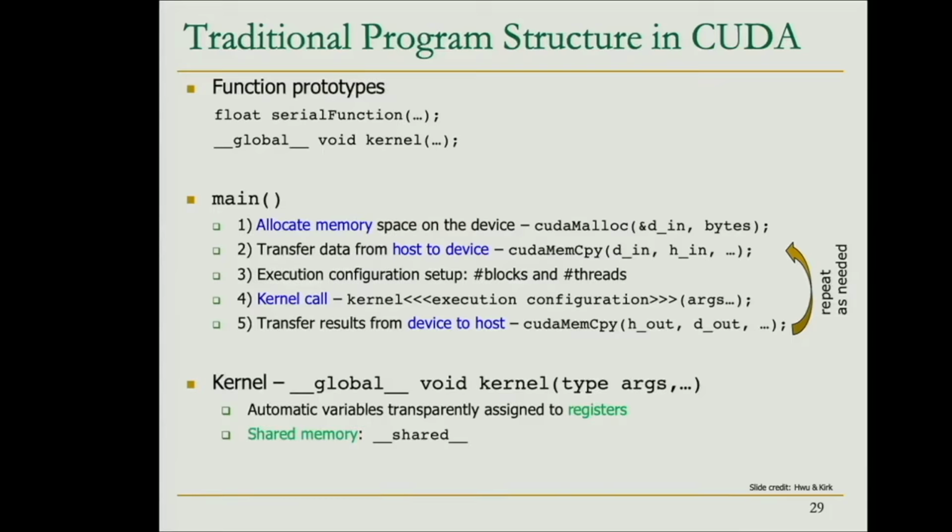We will declare __shared__ and then an array of a certain size, in the same way as we do in C. And inside one block, if we want to synchronize, we will use __syncthreads.